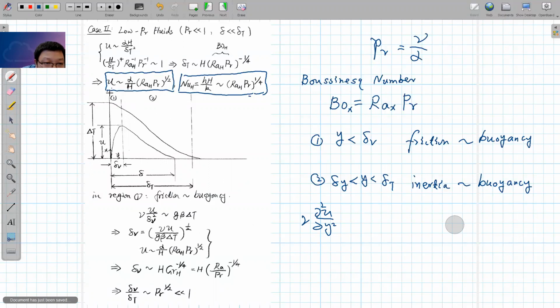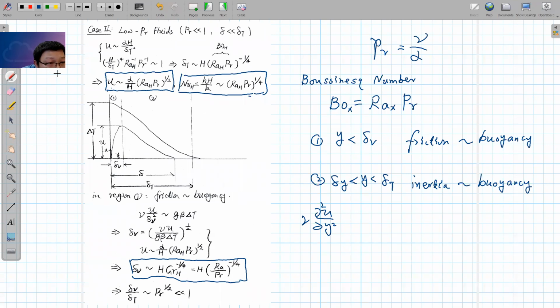And also we know that the U velocity here, we have this U relationship already. Substitute this U relationship into this delta V, we can get the final result, which is that this small delta V scale will be equal to this result: H times the Rayleigh number divided by Prandtl number to the power of minus 1 over 4.